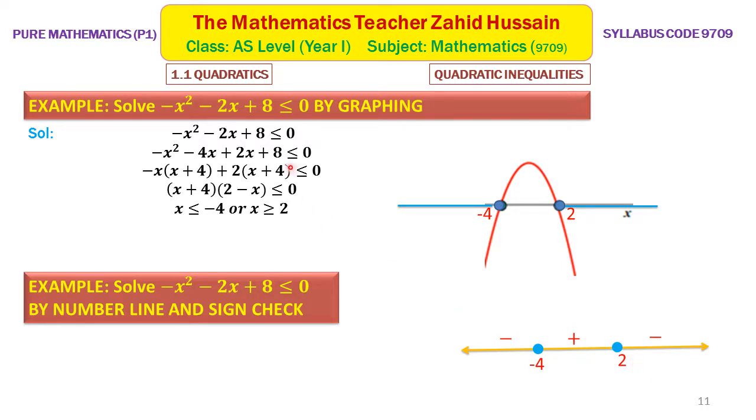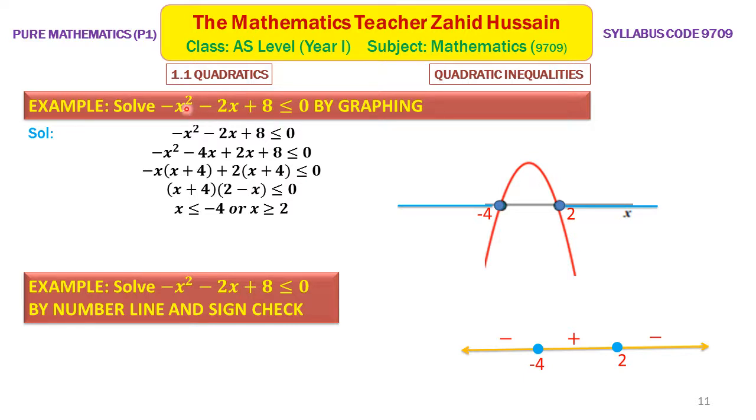So instead of drawing a graph, in the number line method you will draw this number line. You will replace this parabola with this number line, or if you want to find the answer by the graphing method, you have to draw the graph.